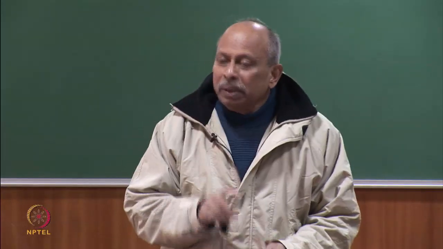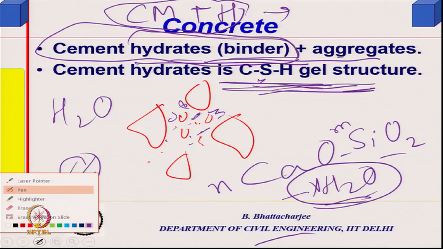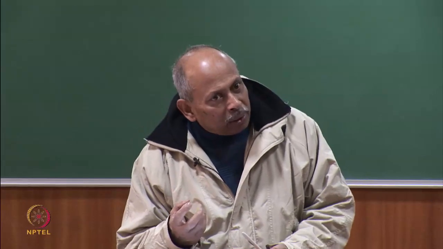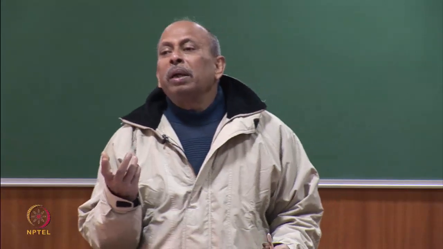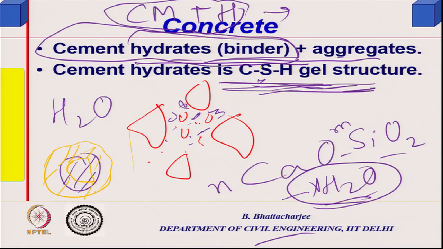Normally, you have cement as a particulate system, it will hydrate, some of it will get consumed and the hydration product will come here, and there is additional water we add to make it flowable, otherwise I can't compact it. This additional water which does not react will evaporate out, leaving what are called capillary pores. So, the cement hydrate binder system is capillary porous.